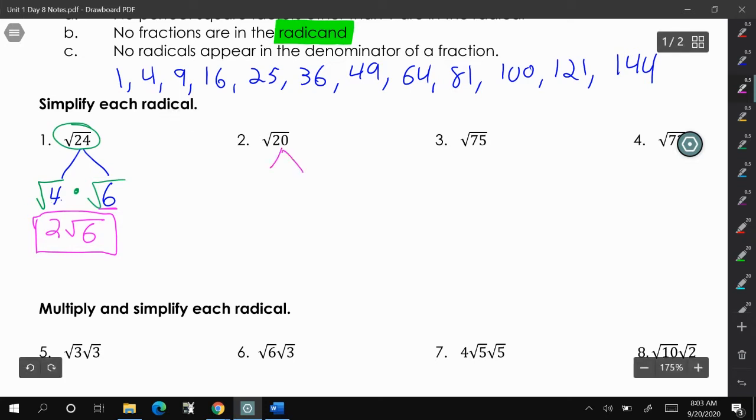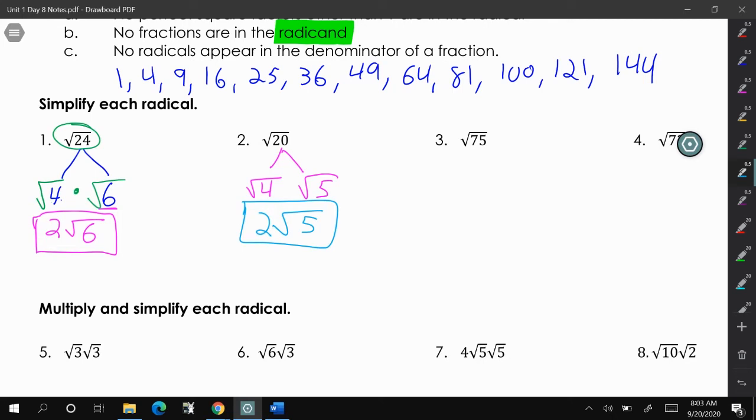Number 2, we can break this up into the square root of 4 and the square root of 5. And again, the square root of 4 is 2 times the square root of 5. We can't break up 5 any further, so we leave it like that.